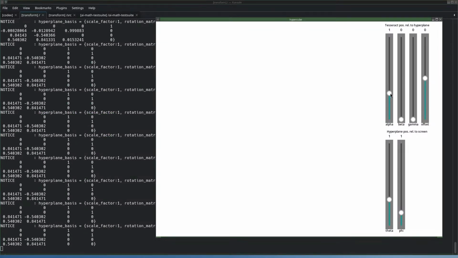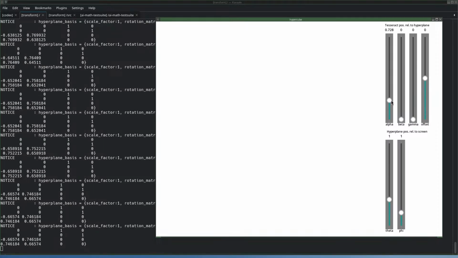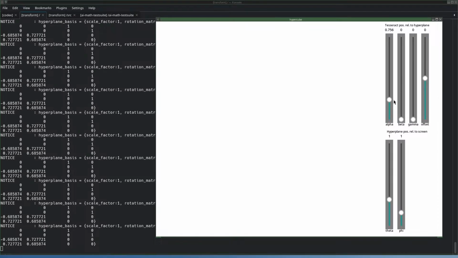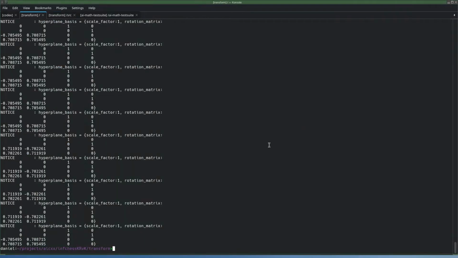So let's put this on at 0.785. There's no way I can do that, but it's close enough, right? Oh, that wasn't what I wanted. The program already terminated.